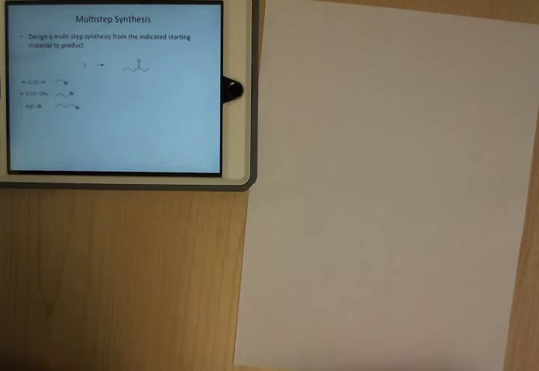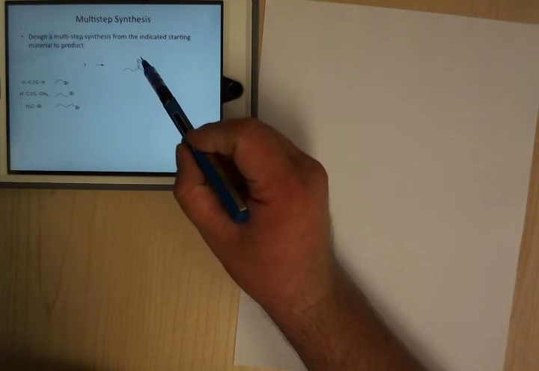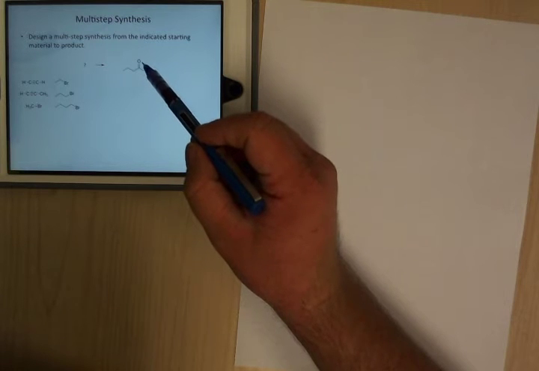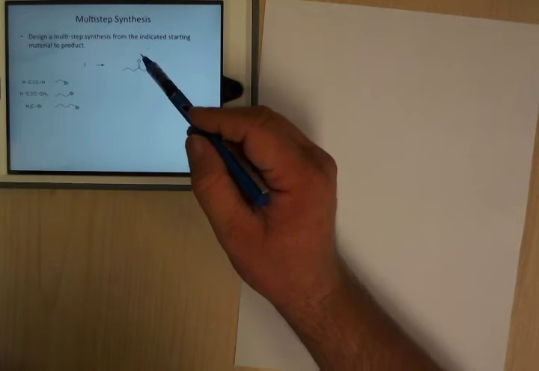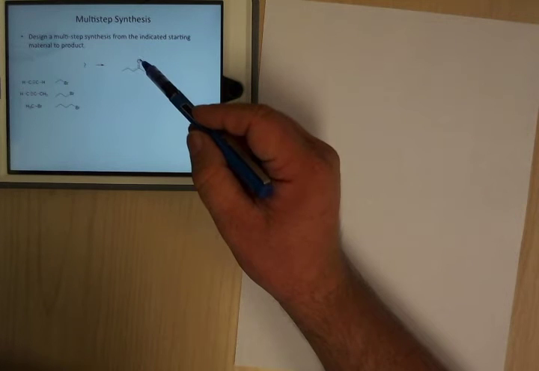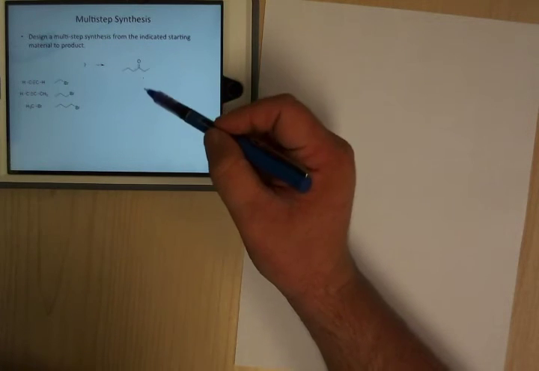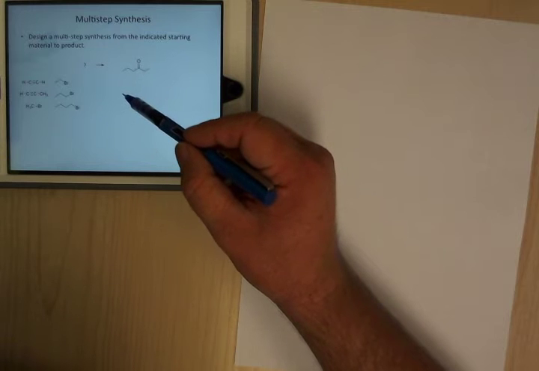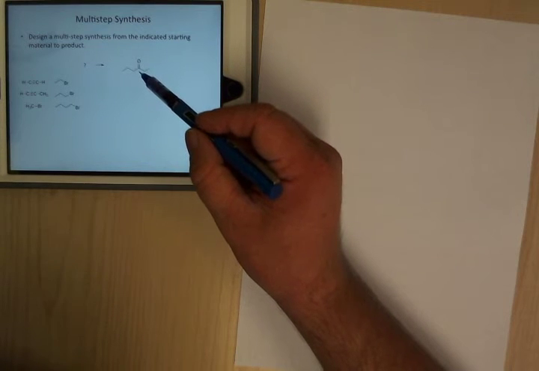Usually the way these work is that you're probably going to be putting in some sort of functional group, and you're going to ask, how do we put in that functional group? The second half of the synthesis is going to be putting in that functional group.